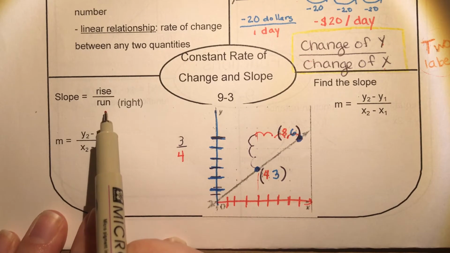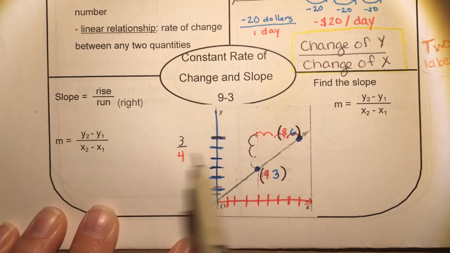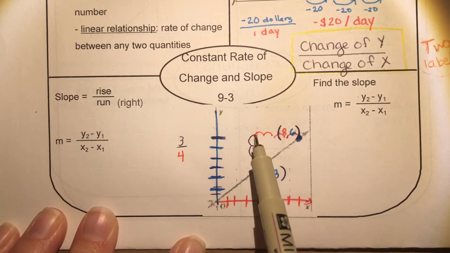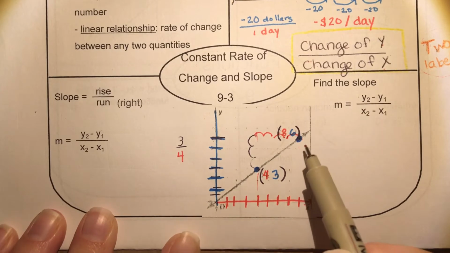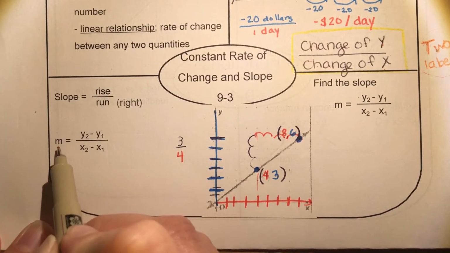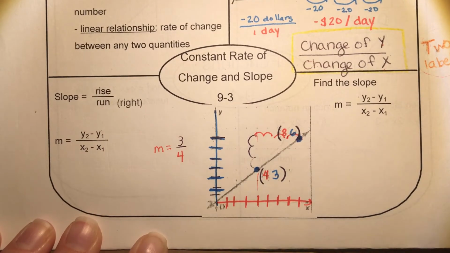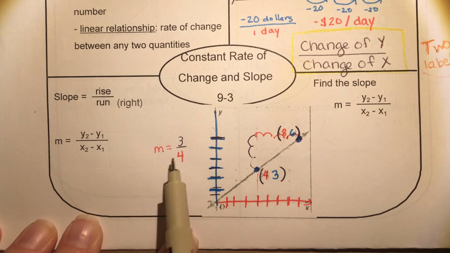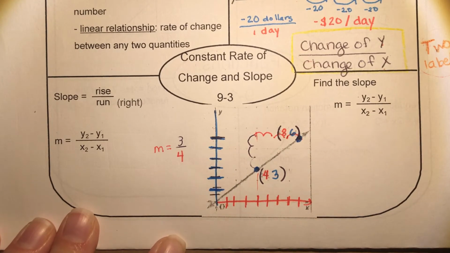One thing that we encourage kids to do is you rise by going up. That's always your top number, and you always want to run to the right. So you're running to the right, and then that'll give you your second number, your bottom number. So my slope, and some people will call this M, and you'll understand why as we move along in this chapter, M equals 3/4. I would always say reduce it.